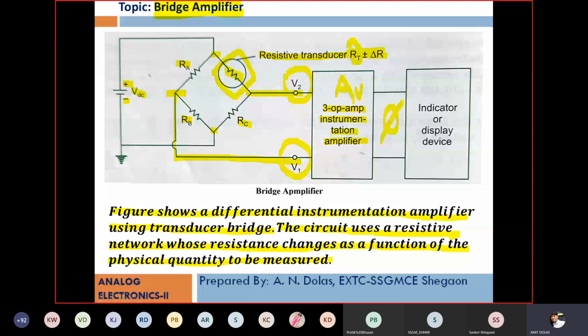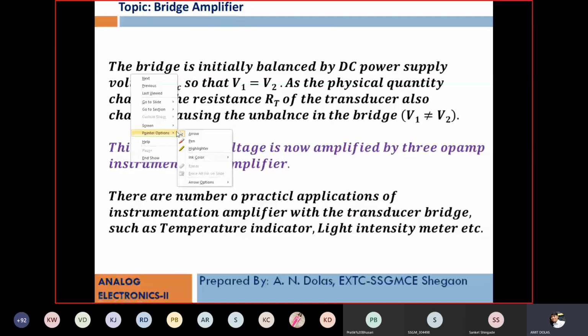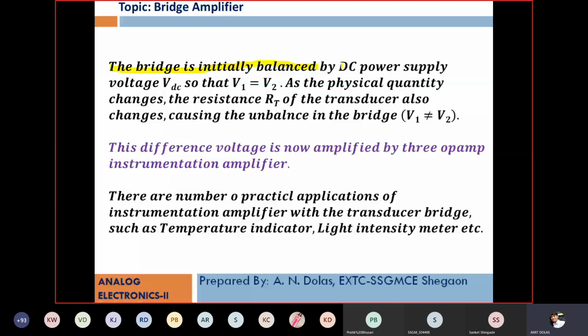The bridge is initially balanced by the DC power supply called VDC, and V1 and V2 will be equal. As the physical quantity changes, the resistance RT, which is the temperature dependent resistance of the transducer bridge, also changes, causing unbalance in the bridge.